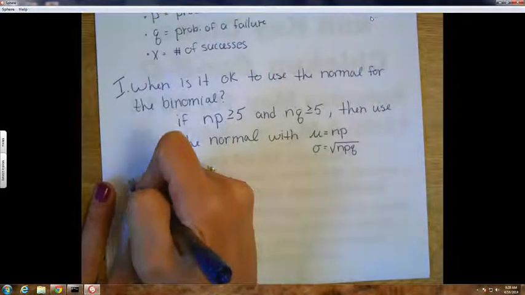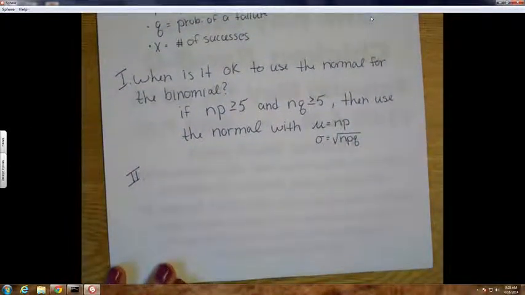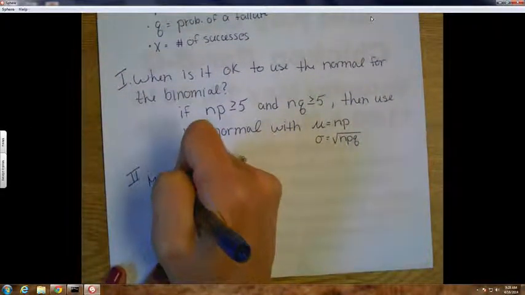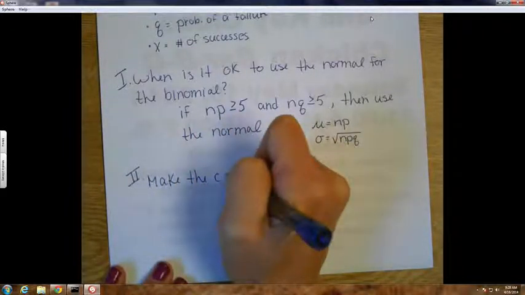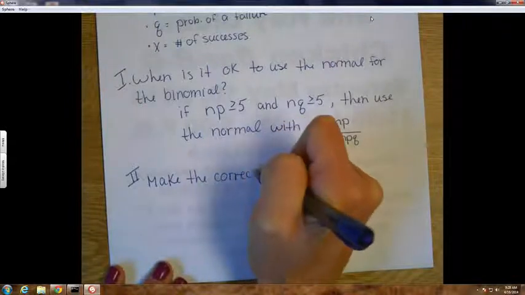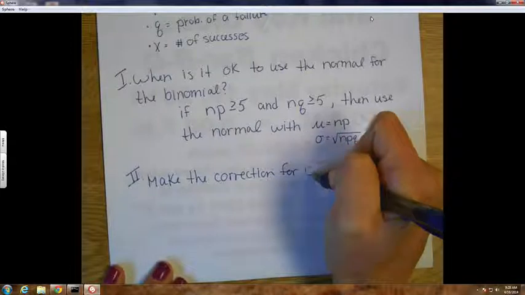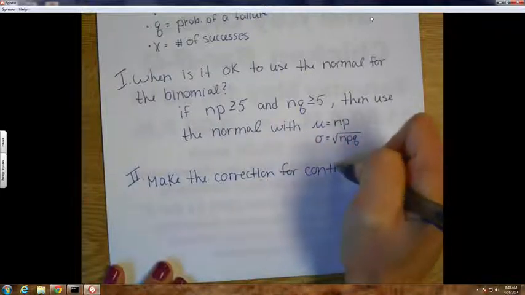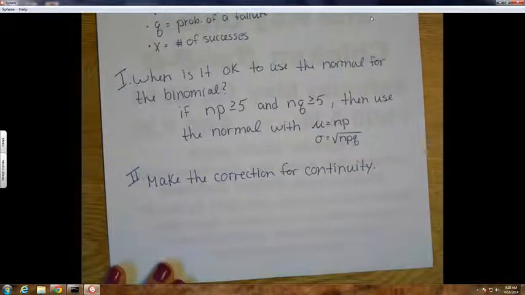Now step 2 is called Make the Correction for Continuity. This will take a little bit of practice for you to get it.